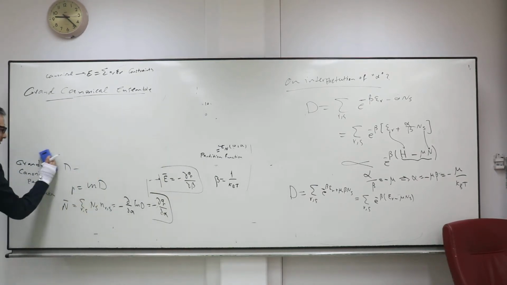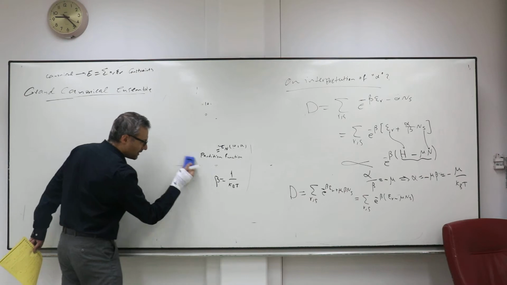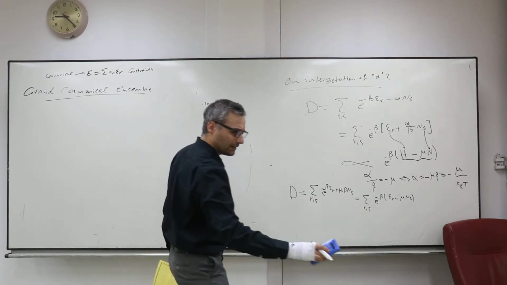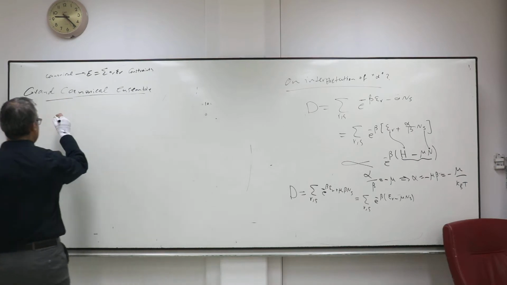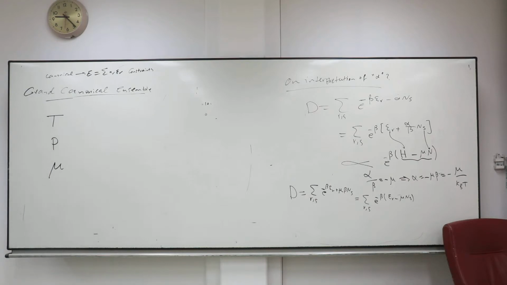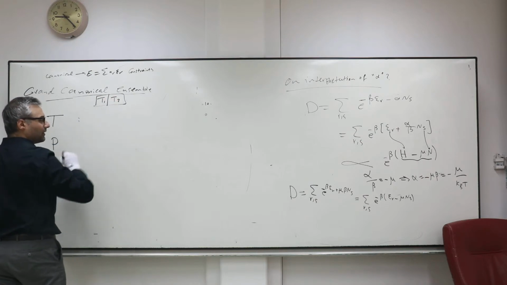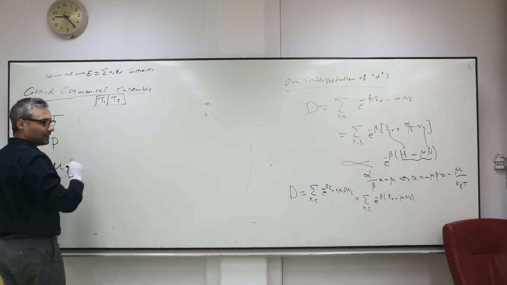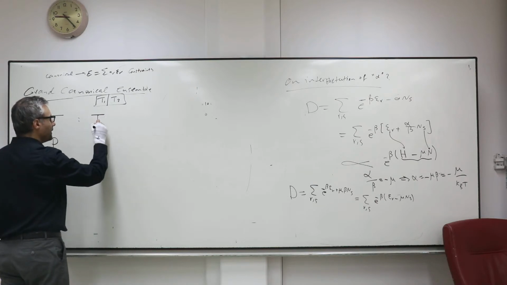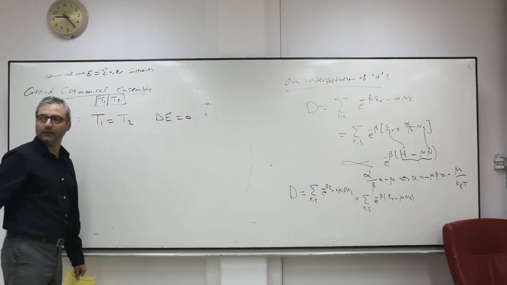This is not the only way you can understand the role of the alpha. So alpha is proportional to the chemical energy. When I talk about chemical energy, I need to mention here that the chemical energy is something like pressure, and it's something like the T. If you have two systems in thermal connection to each other, as long as there is no transport of energy, they have the same temperature.